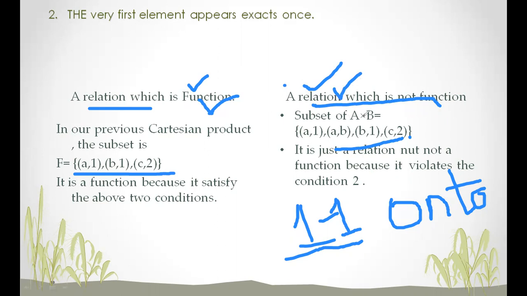That's why for one-one and onto functions, every one-one function need not be onto, and every onto function need not be one-one. So this is our main difference. Sometimes we have functions which are both one-one and onto, but this is a particular case and does not happen in the general case.